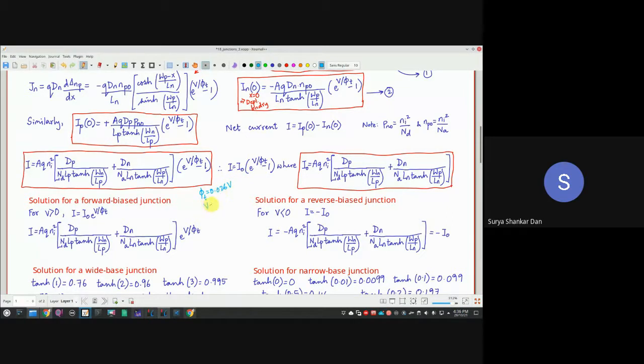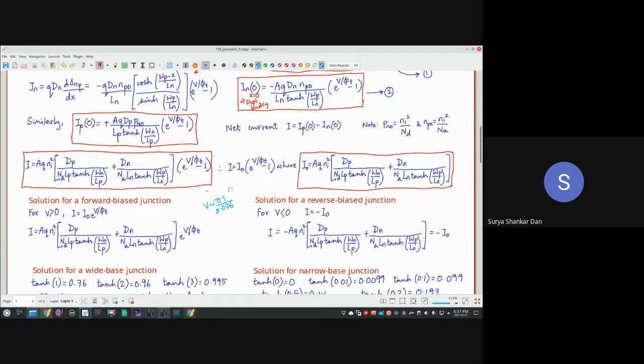Now V is in the order of volts, so clearly you can understand e to the power V by phi t. If V is, let us say, even a very small amount, 0.1 volt, then V by phi t will be 0.1 by 0.026, which is going to be a very huge number. If V is minus 0.1, then V by phi t is a hugely negative number. So e to the power of a hugely negative number means this part becomes negligible with respect to minus 1.